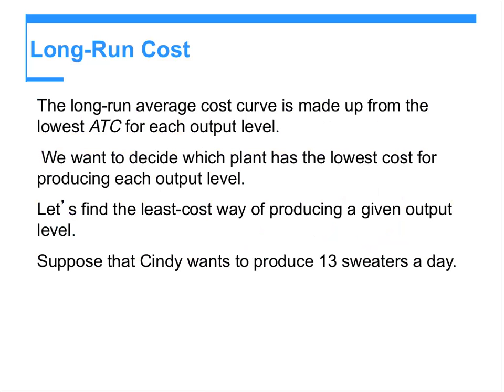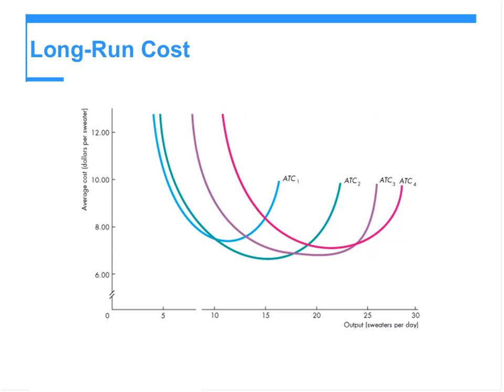Suppose that Cindy wants to produce 13 sweaters a day. So if you want 13 sweaters a day, meaning output between 10 and 15, which number of knitting machines will give you the lowest possible cost?